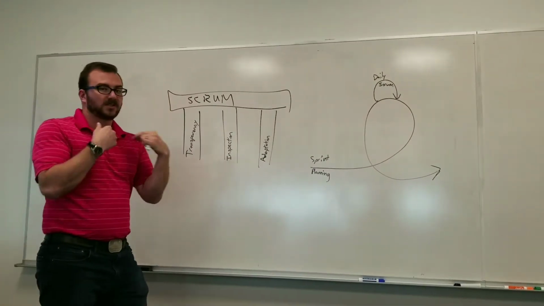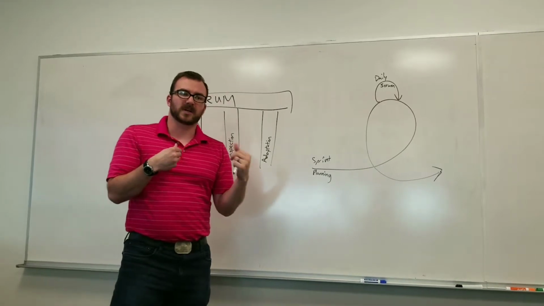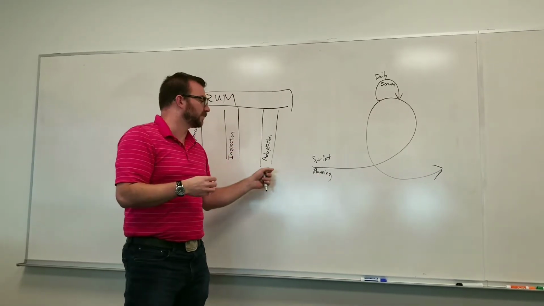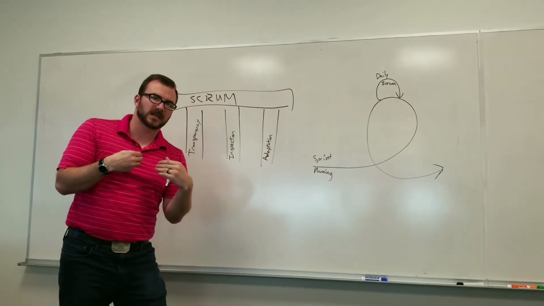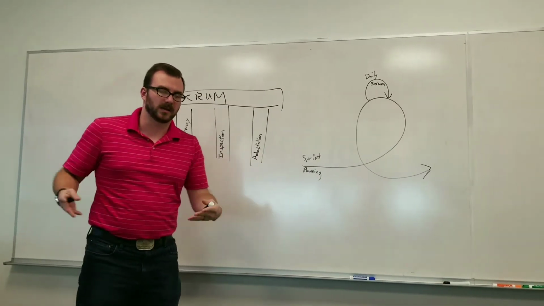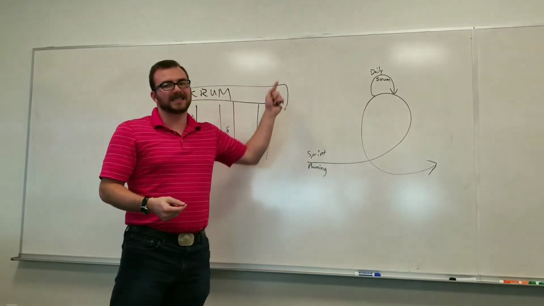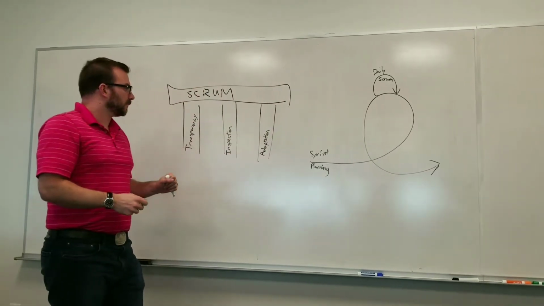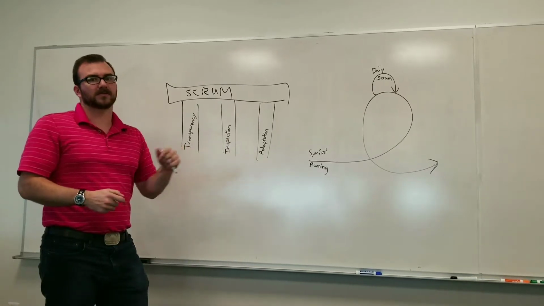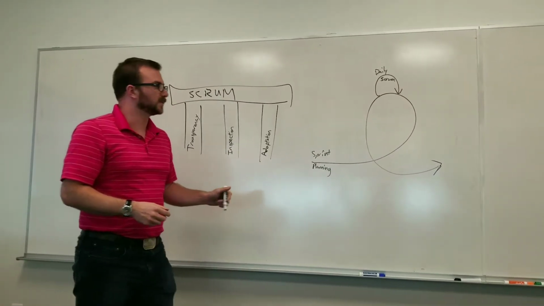It allows me to inspect what I did. It also allows my team members to inspect what I did, and how can we adapt? Am I taking too long to complete a task? Maybe someone else has some additional knowledge. They can help me out. We're helping to move as a team towards our sprint goal. So we have that daily during our sprint for each individual working on that team. So again, there's all 3 of our pillars.